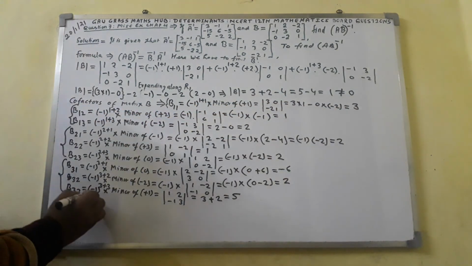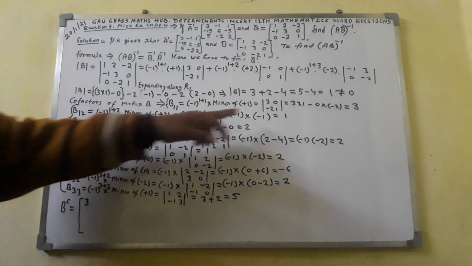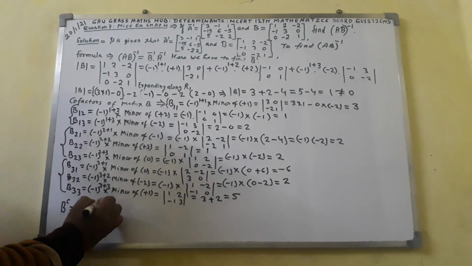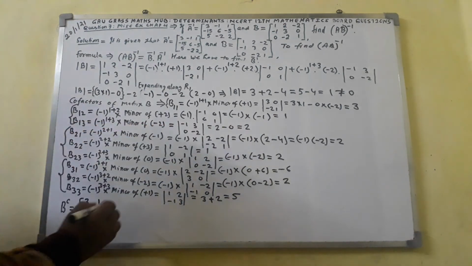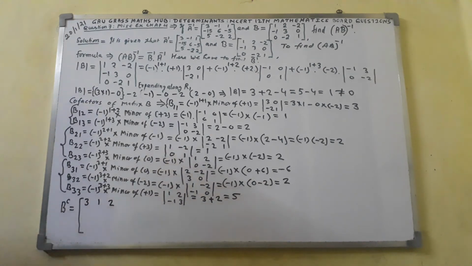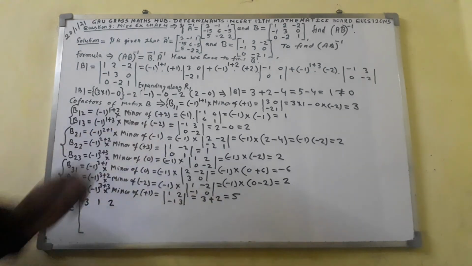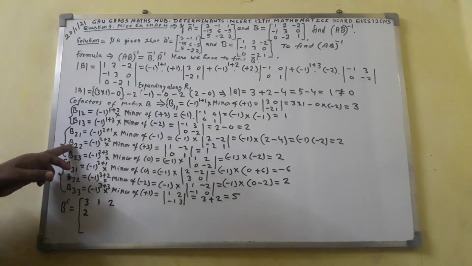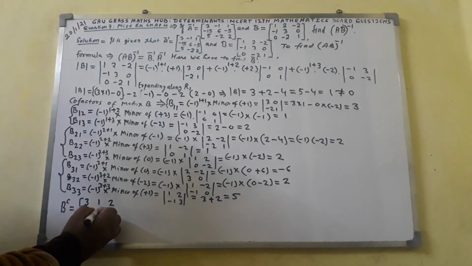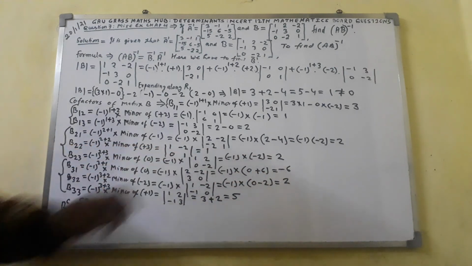So write here 3. B input 12 you have got here 1. So write here 1. B input 13 you have got here 2. Write here 2. B input 21 you have got here 2. Write here 2. B input 22 you have got here 1. Write here 1. B input 23 you have got here 2. So write here 2.